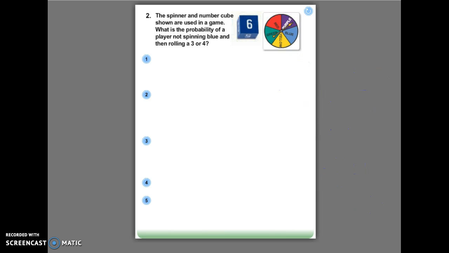So the algebra way, we want to know the probability of not spinning blue. If I look at my spinner, I have 1, 2, 3, 4 options out of 1, 2, 3, 4, 5 that are not blue, times my probability of rolling a 3 or a 4.